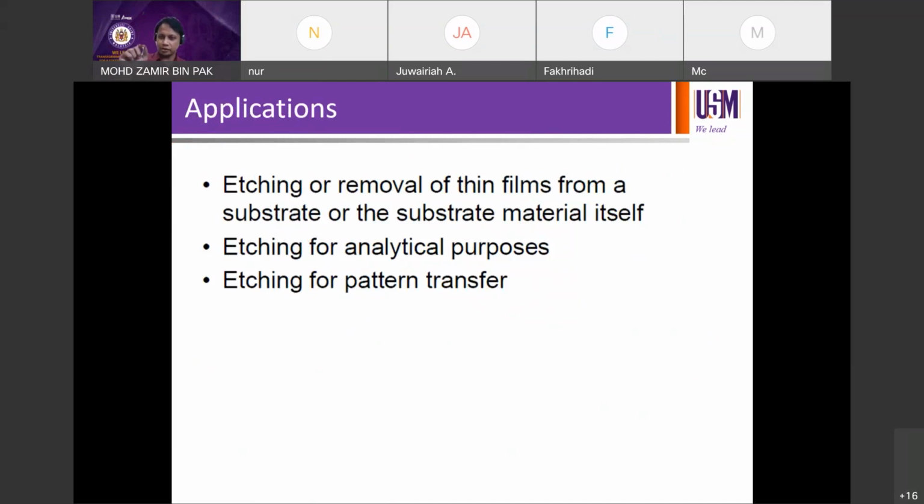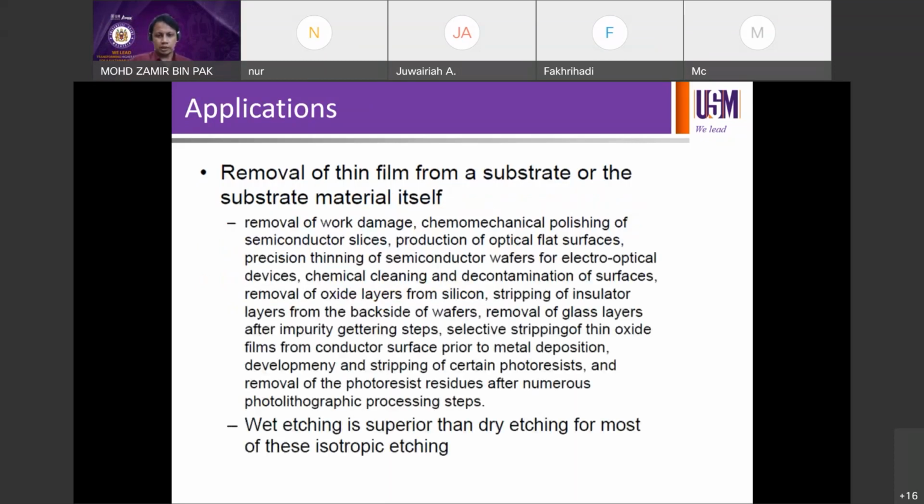You can etch certain features in order to send the sample for SEM to view a certain angle, for example. Because if we etch, you won't be able to see the design angle, for example. Or you want to do pattern transfer, because you need to do the etching in order to enable pattern transfer, just like when we pattern our silicon dioxide, for example. Okay, this is the same.